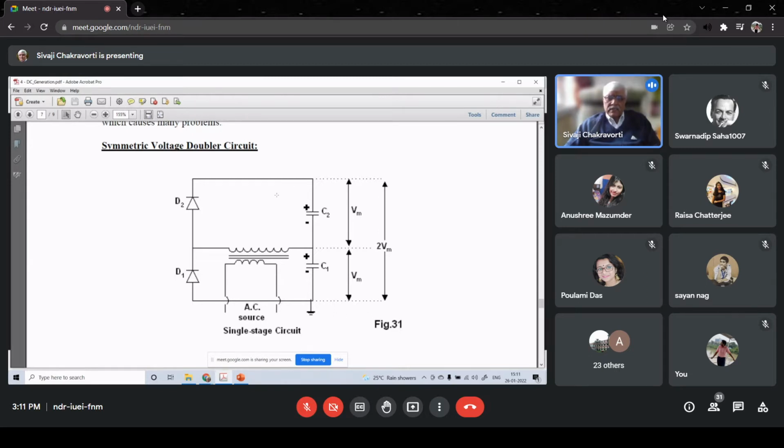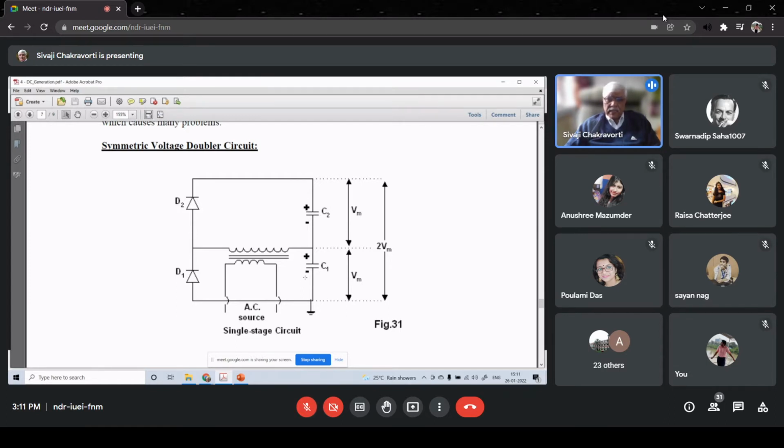Then the next question comes: what will be the voltage up to which C1 and C2 will be charged? The answer is very simple: what is the peak value of the secondary voltage of this transformer? C1 and C2 will be charged up to that peak value. So if it is Vm, then both C1 and C2 will get charged up to a voltage of Vm.